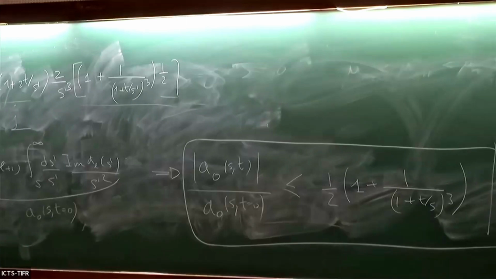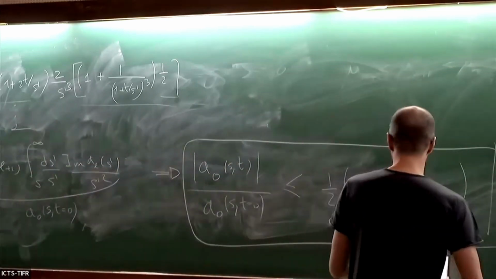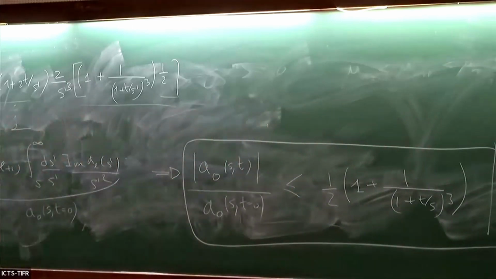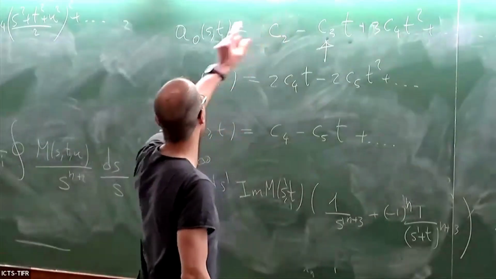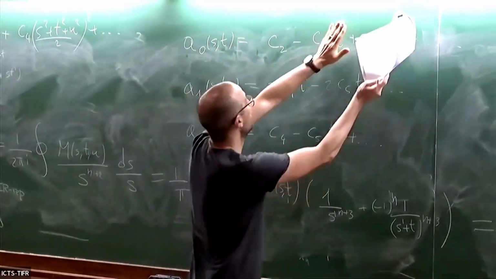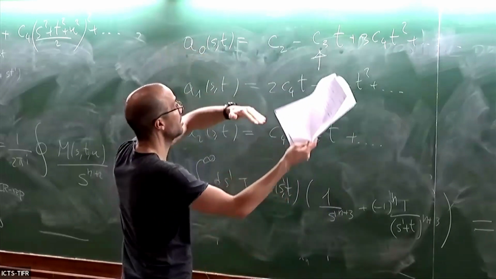Now let's put a bound on C3 with this. No, this is an exact bound. Now we're doing an approximation. So let's imagine the Galilean symmetry is a good symmetry, and let's run a contradiction. Let's imagine that this is much larger than this one. Okay, the arc 0 at finite t, at t equals 0 is C2, and there I'm taking the ratio. So I'm taking this one divided by C2.